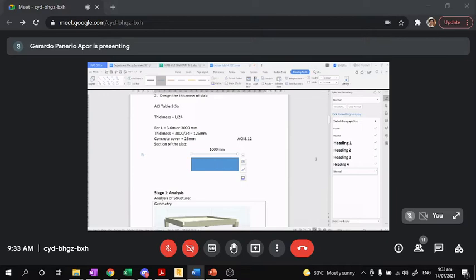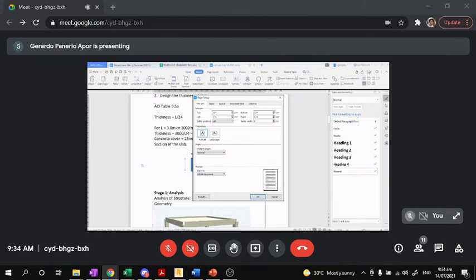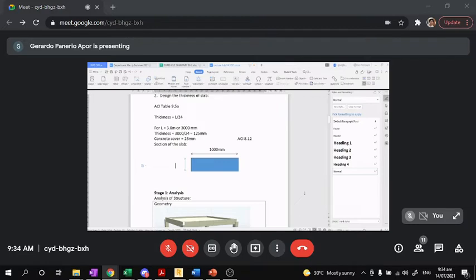So this is a total of 150 mm. That's the total.